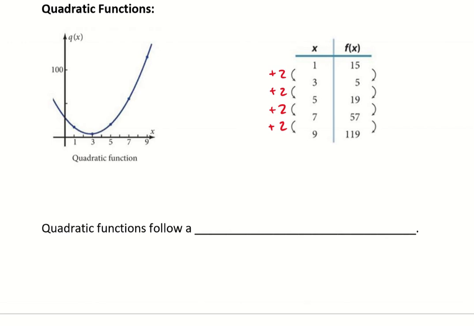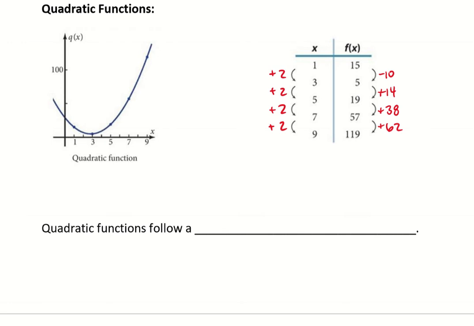Adding, I mean, this is 15 to 5, you're like minus 10. 5 to 19, you're plus 14. 19 to 57 would be plus 38. And then I guess this one would be plus 62. So that's not really like a good adding pattern either.